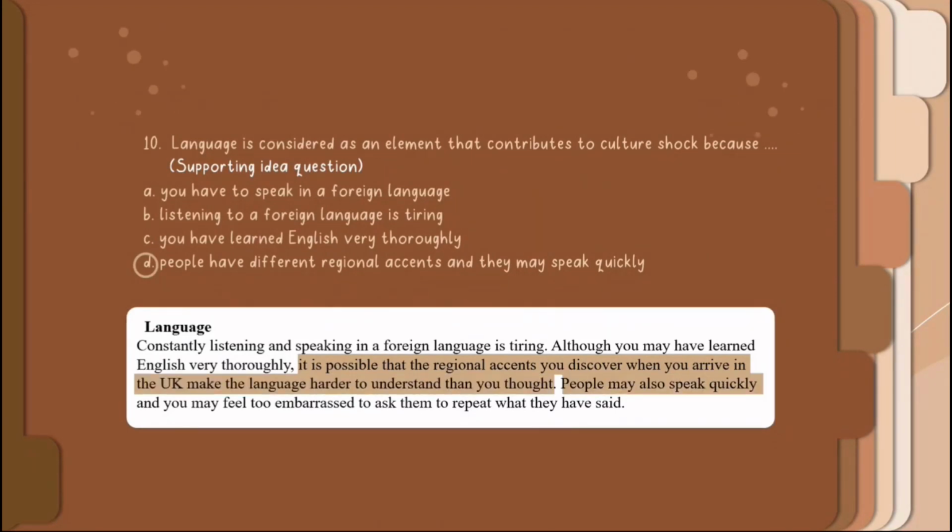And people may also speak quickly and you may feel too embarrassed to ask them to repeat what they have said." So the regional accents making the language harder to understand than you thought, and people speaking quickly, is what makes language considered as an element that contributes to culture shock.